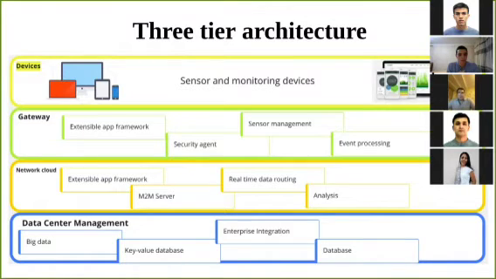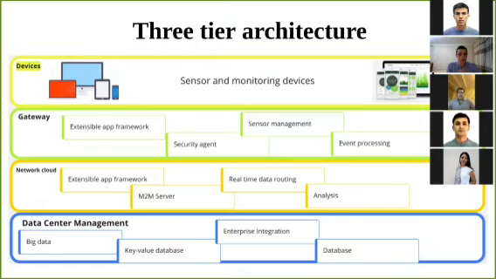This is quite simple to figure out, what kind of architecture we have, and this includes all the components of our system which are related to our devices.